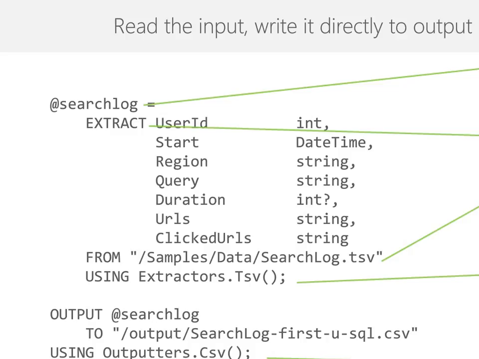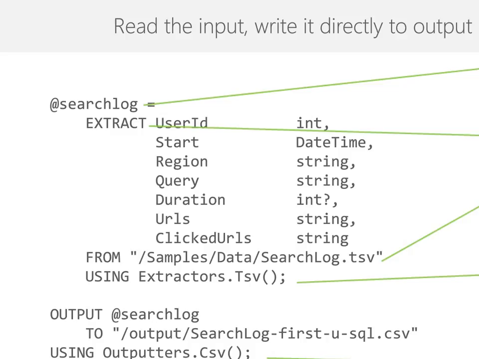So here I have a search log file that has come from various VMs, and now I'm applying a schema on read, pulling that data and holding it in the rowset, the temporary data structure, and then I'm outputting the information into another CSV file.